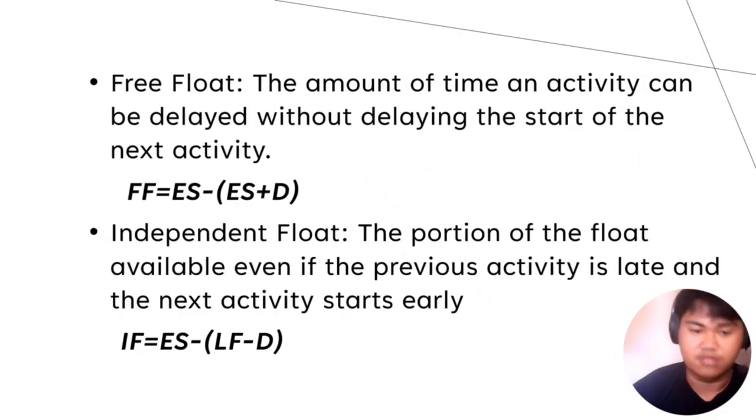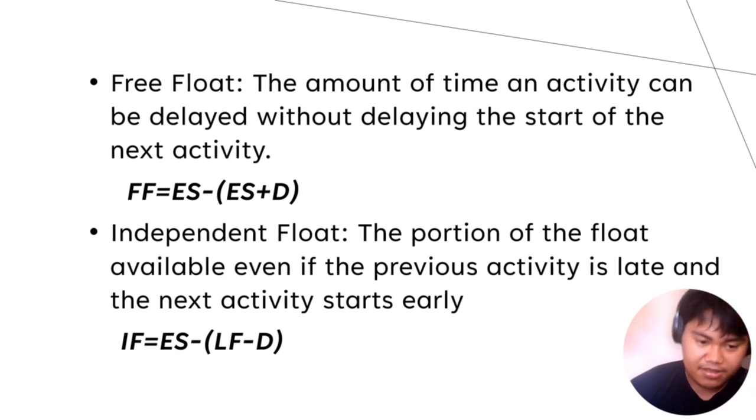Next, free float: the amount of time an activity can be delayed without delaying the start of the next activity. Here's the formula for the free float: FF is equal to ES minus (ES plus D).